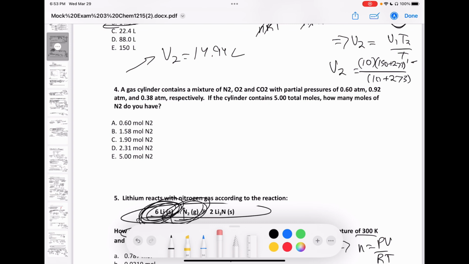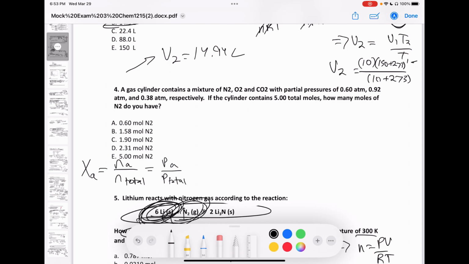The main equation we're looking at here is that chi of A, which is just a fraction of the gases in a container, is moles of A over moles total, and also that the partial pressure of A over the total pressure is equal to chi.